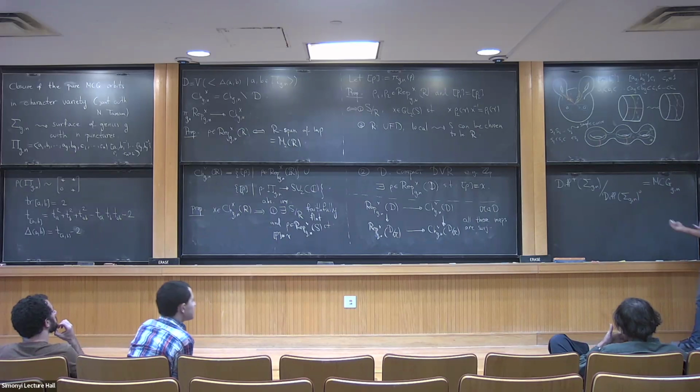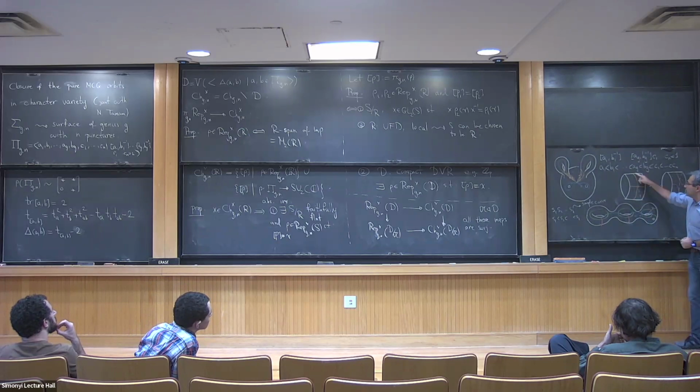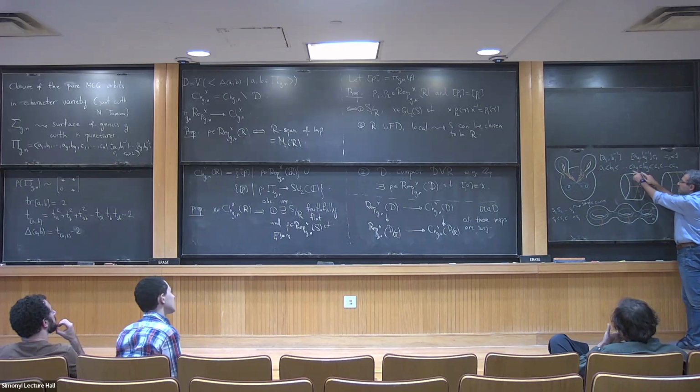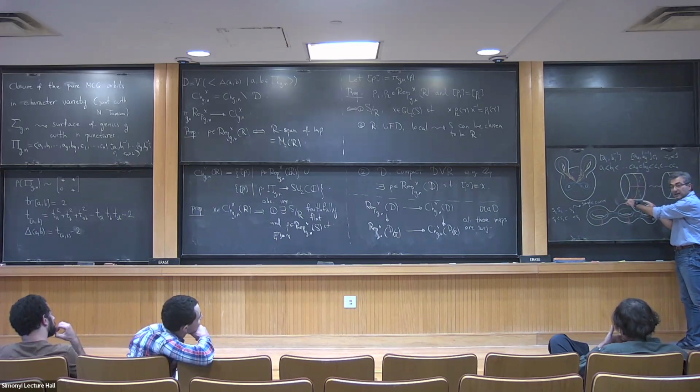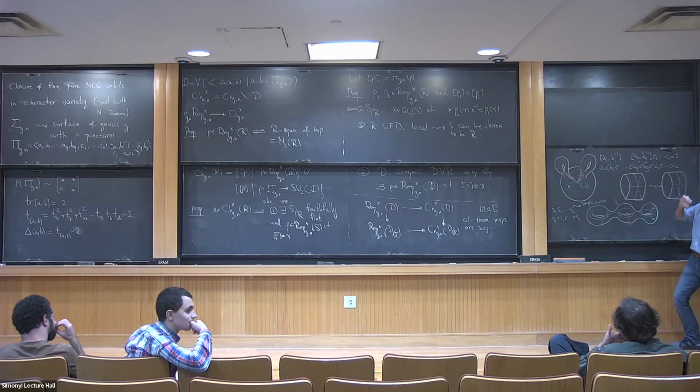So let's try to understand them a little bit. An important example is like this. I pick a simple curve inside my surface, and then I cut out the neighborhood of that simple curve, and then I twist, let's say, the left side 360 degrees, and then glue it back. So this is a diffeomorphism of my surface.